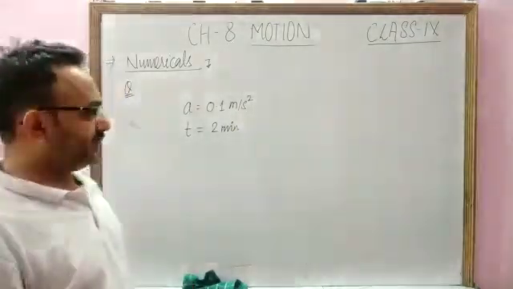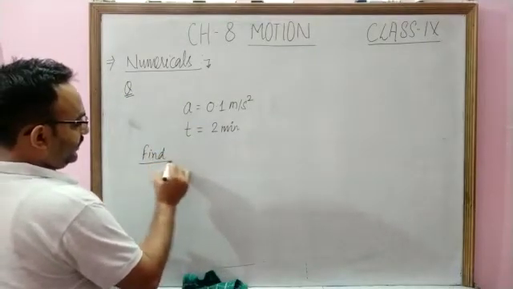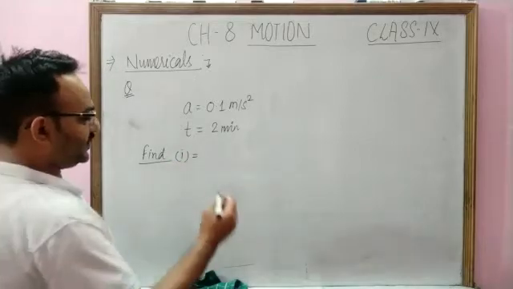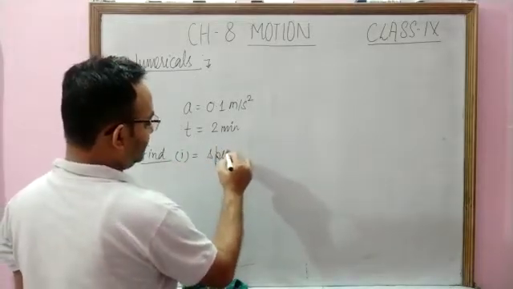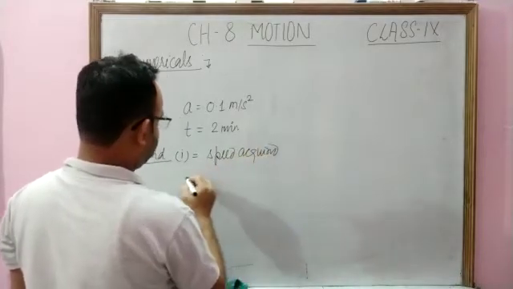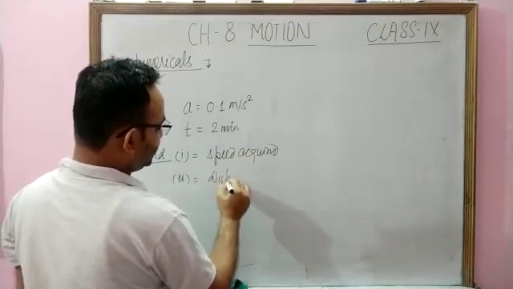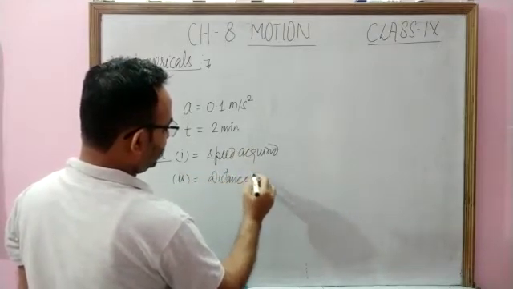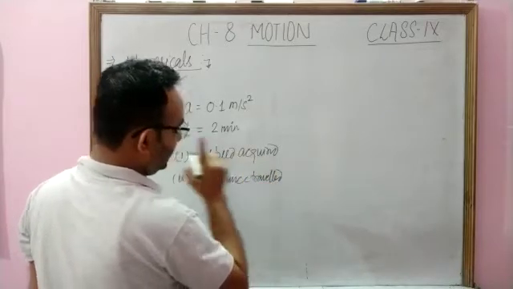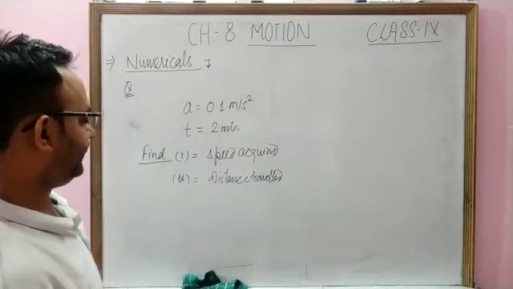Find what you have to find. The first condition is, you have to find the speed acquired. Second, the distance traveled in a given interval of time.